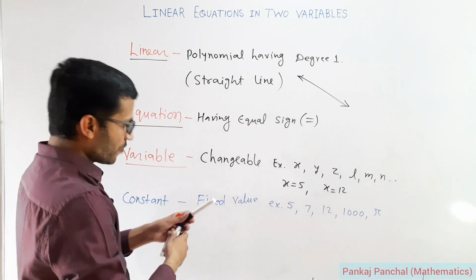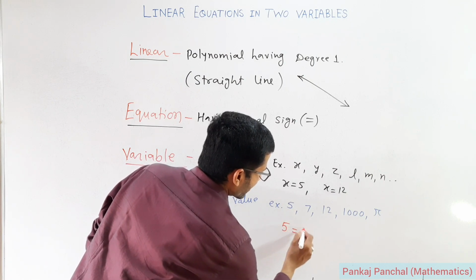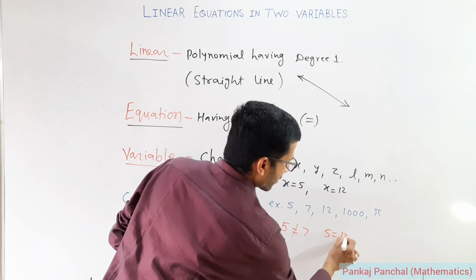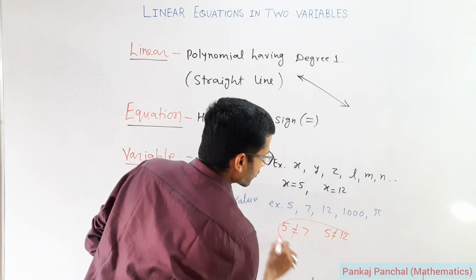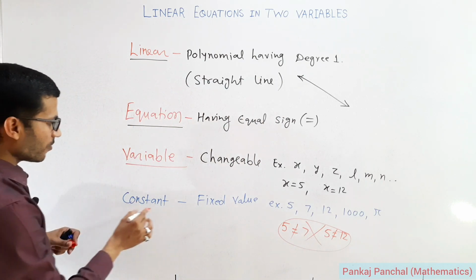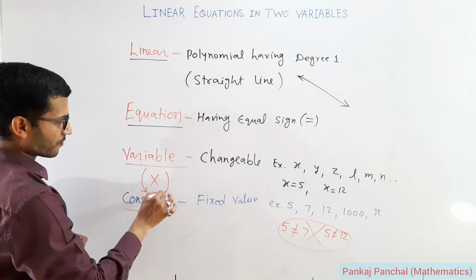And here we cannot write 5 is equal to 7, or 5 is equal to 12. That is why they are the constants, and they are just opposite to each other.